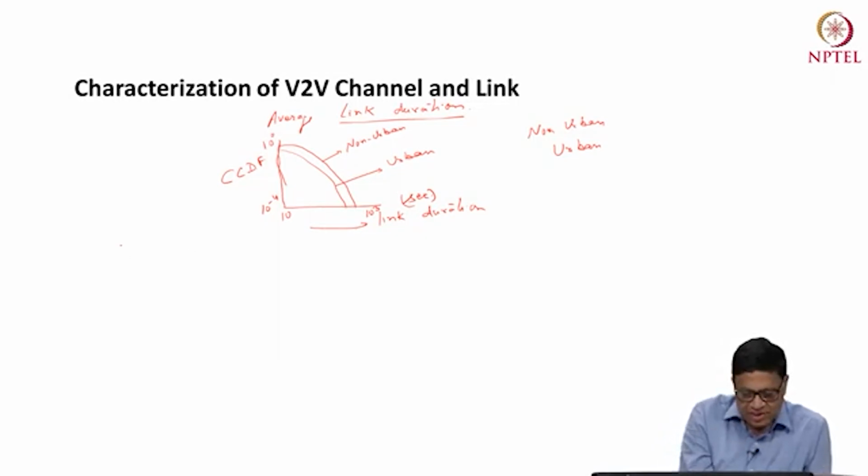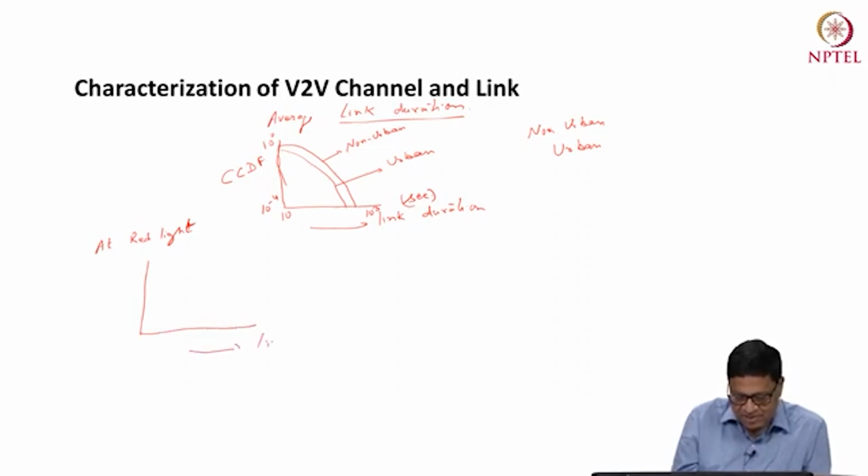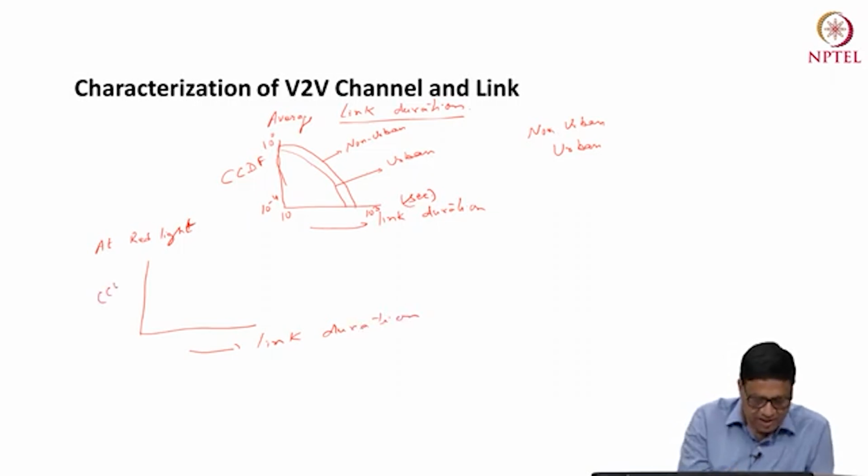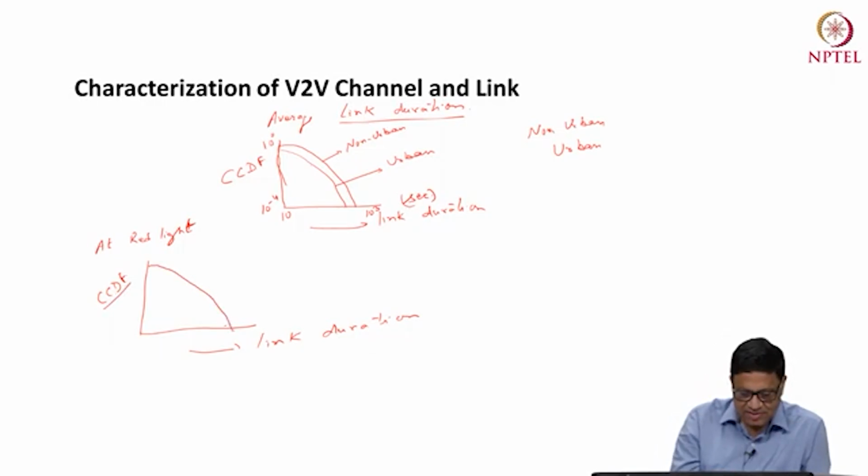And if you take a specific case, for example at a red light intersection, and I plot the same curve, this is link duration here, and this is again the CCDF, cumulative complementary distribution function. So the normal case is something like this, as we have drawn in the earlier curve.